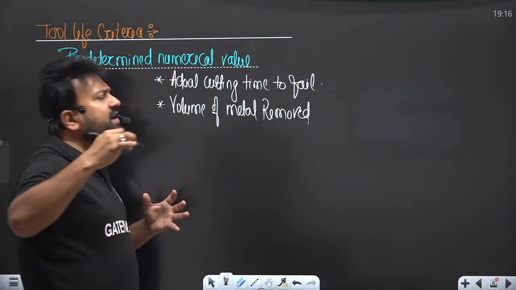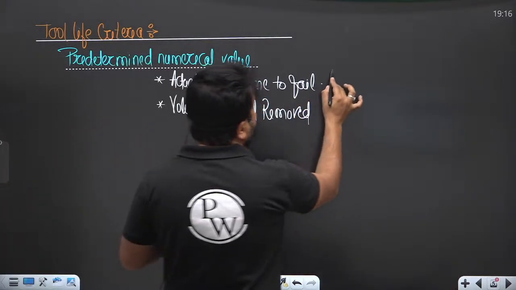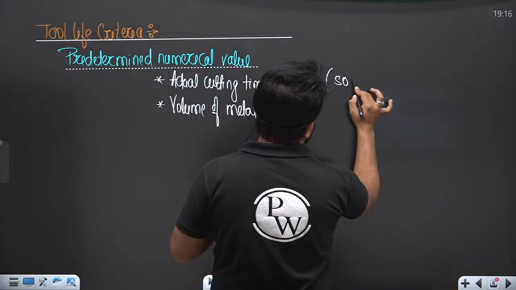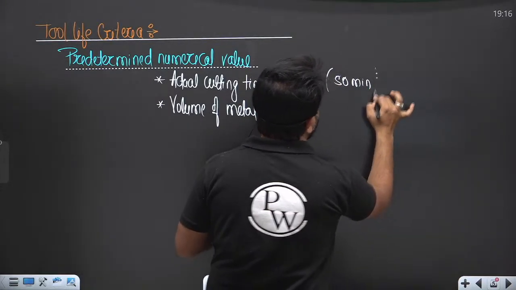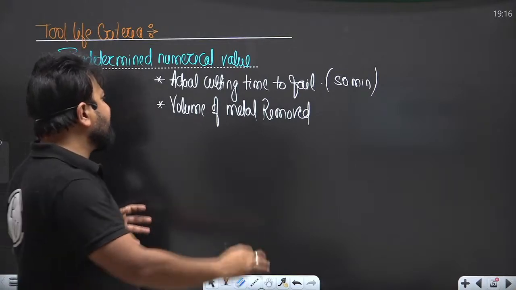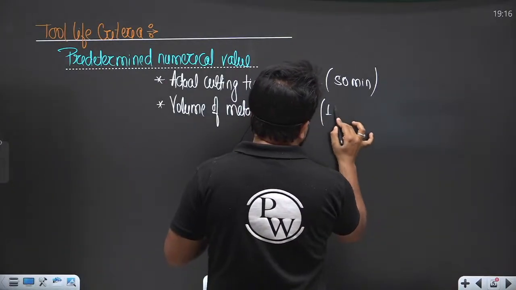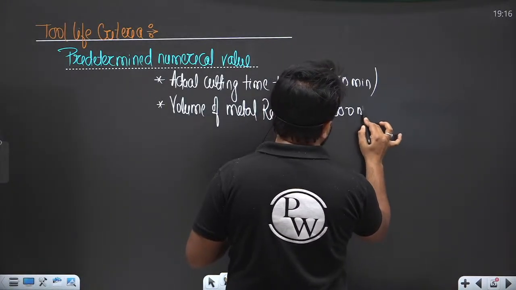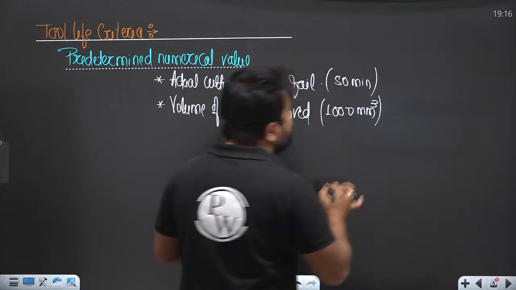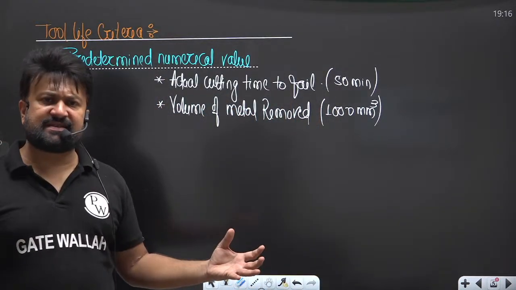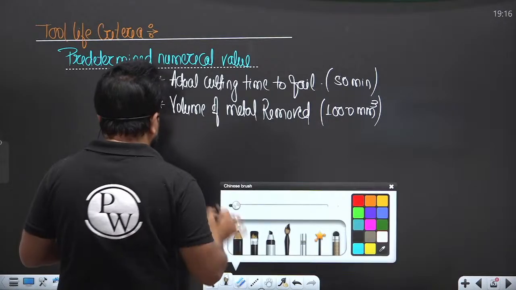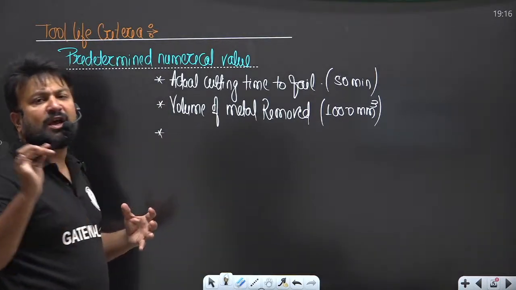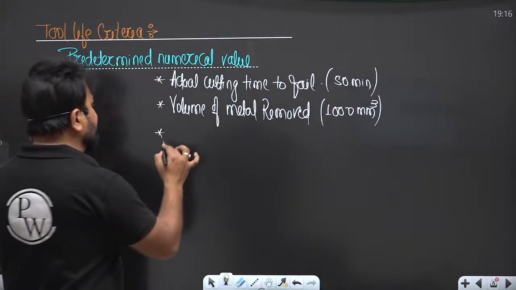Let's say I can use the tool up to 60 minutes or 50 minutes. This is the predetermined numerical value. I can remove 1000 cube of material, after which the tool is not useful for us, right? I can find out the predetermined numerical value, that is the number of parts produced.